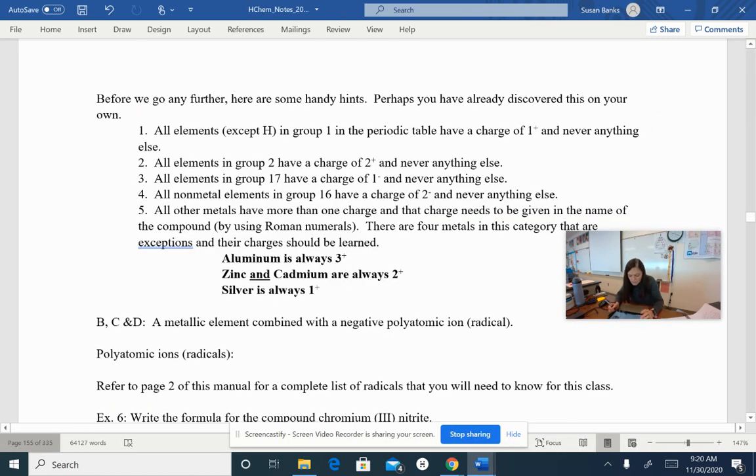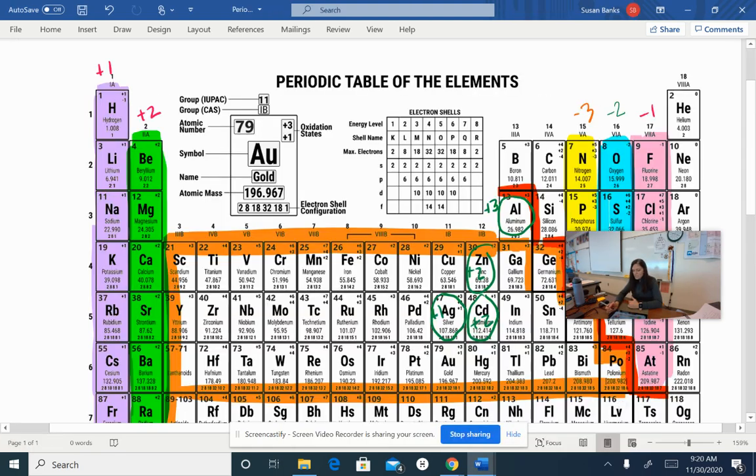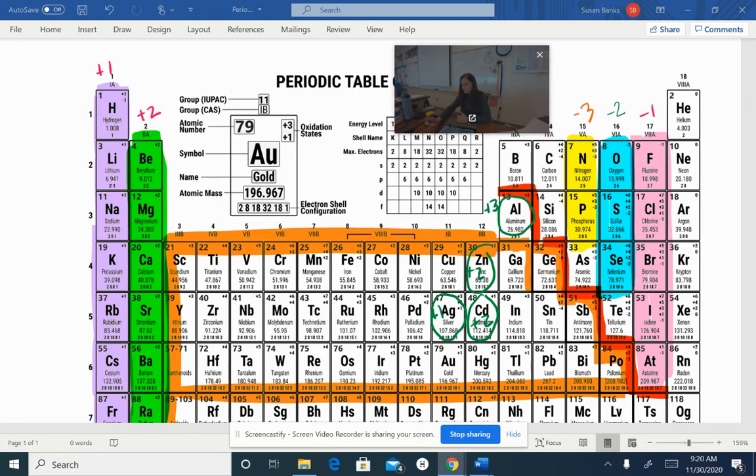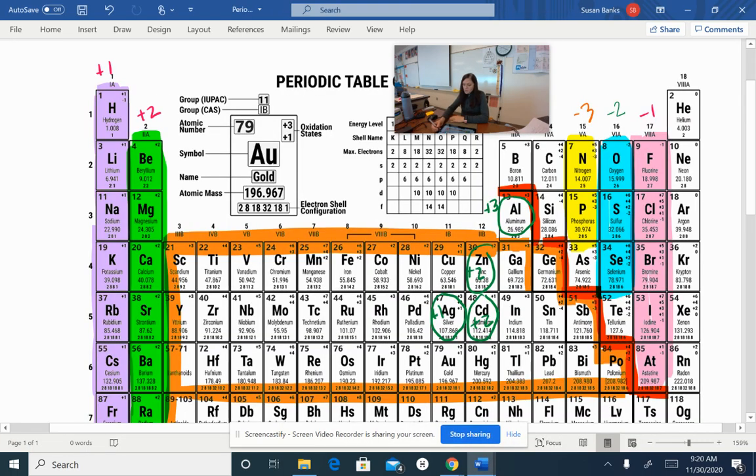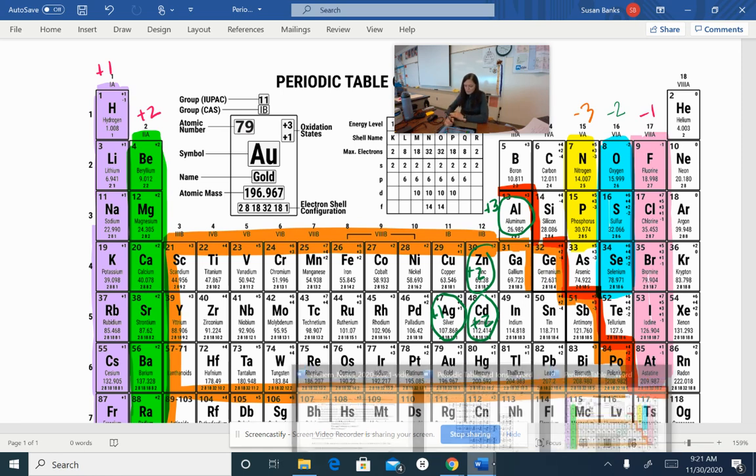Okay, all elements in group 17, i.e. the halogens, are always going to have a charge of -1. That's why we've marked the halogens with -1. Okay, and all nonmetal groups in group 16 have a charge of -2 and nothing else. So that's why we have marked oxygen, sulfur, and selenium with -2. They will always be -2 and nothing else.